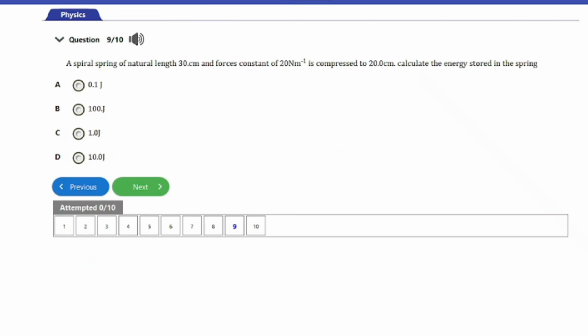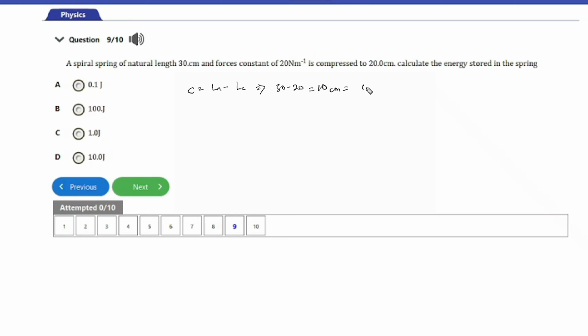The next question here says, a spiral spring of natural length 30 cm and force constant of 20 Newton per meter is compressed to 20 cm. Calculate the energy stored in the spring. So guys, we're going to use half k c squared here, where c is the natural length minus the compressed length, that's 30 minus 20, and that's 10 cm.